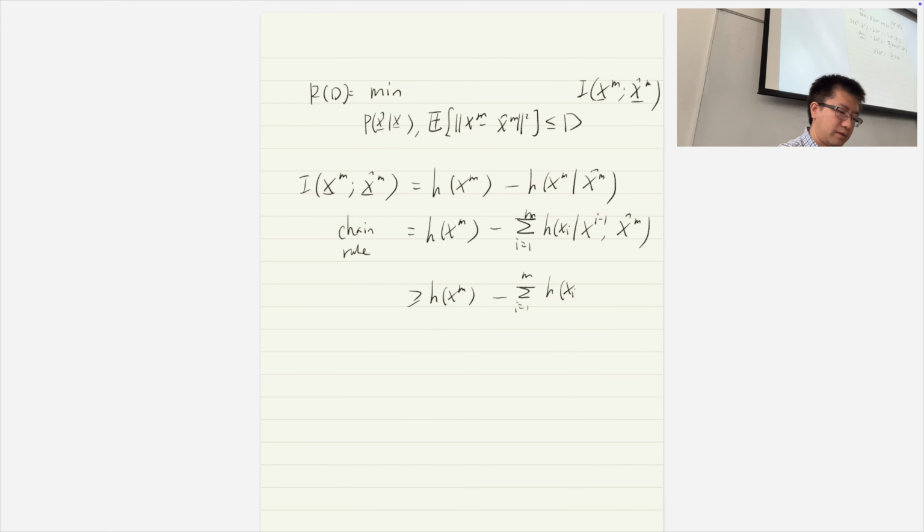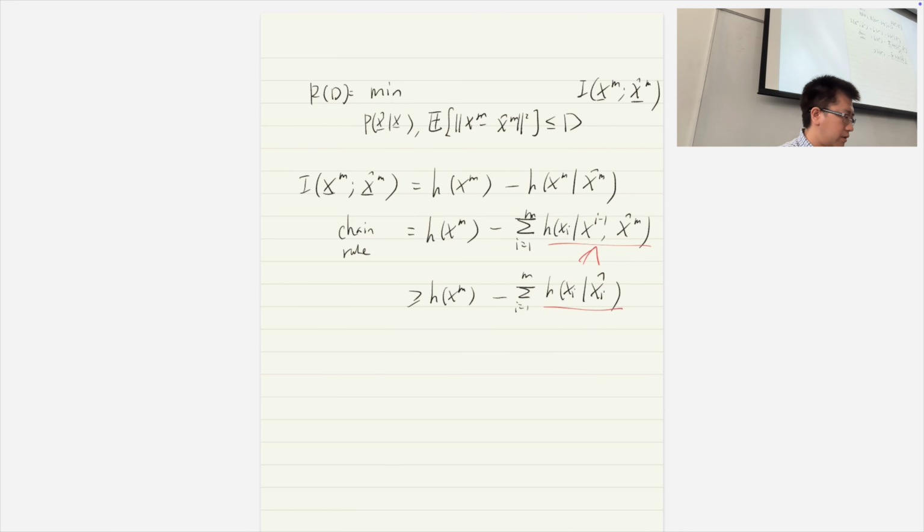Will this bigger-than-or-equal-to hold? I want to compare this and this. Which one is bigger? Exactly, conditioning reduces the entropy, so this becomes bigger, then we have a lower bound, so no problem.